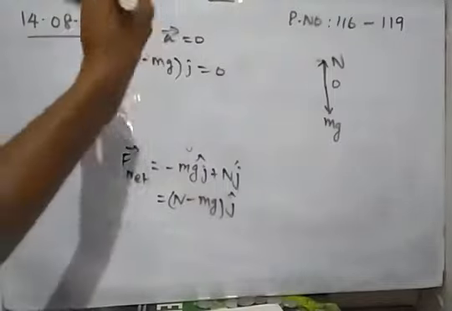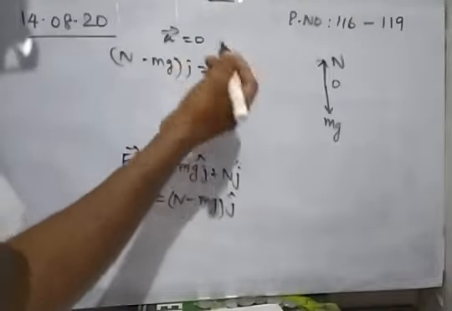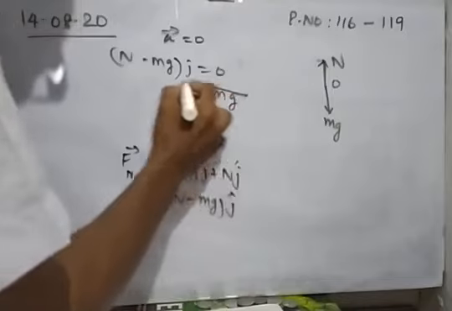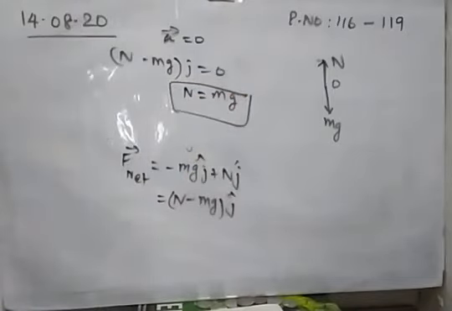Comparing the respective components on both sides, we are able to write N is equal to mg. The normal force is equal to the magnitude of the gravitational force but opposite in direction.